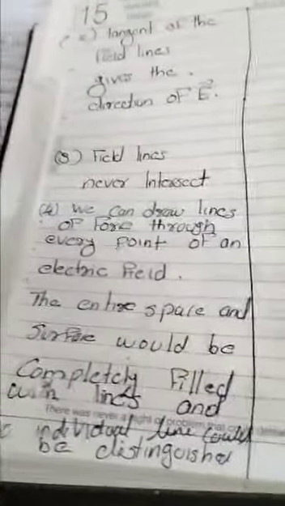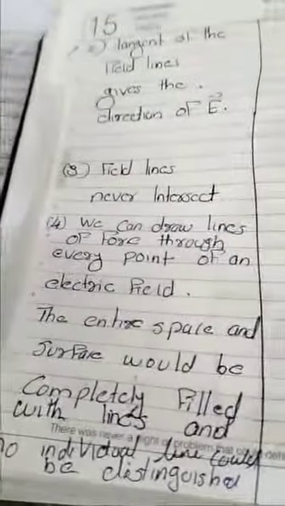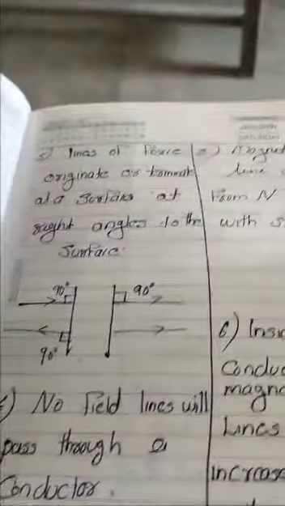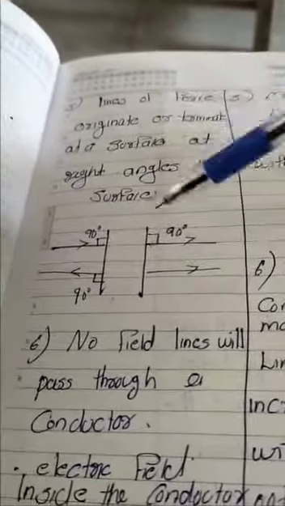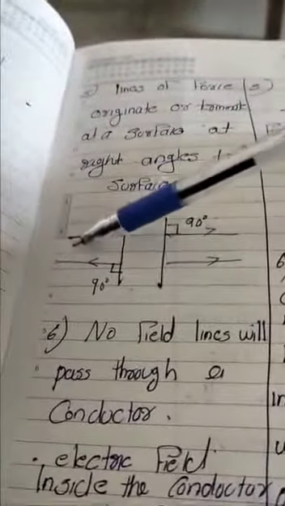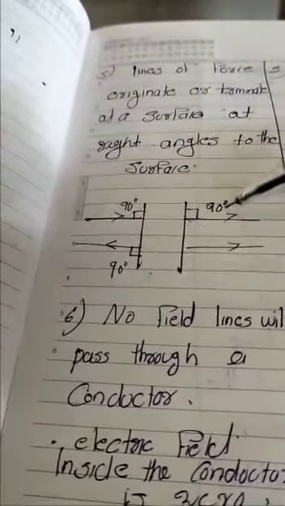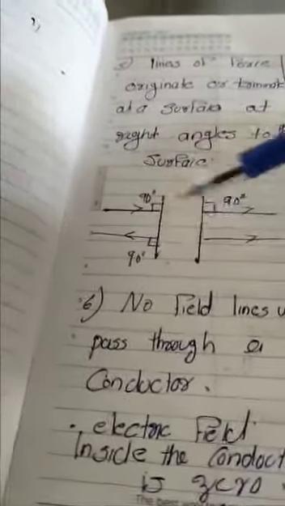They are very tightly packed, with no space in between, fully filled. Point number 5, the lines of force originate or terminate at the surface at right angles to the surface. You can see here they start and end at a right angle at that particular point, and the tangent is the direction.